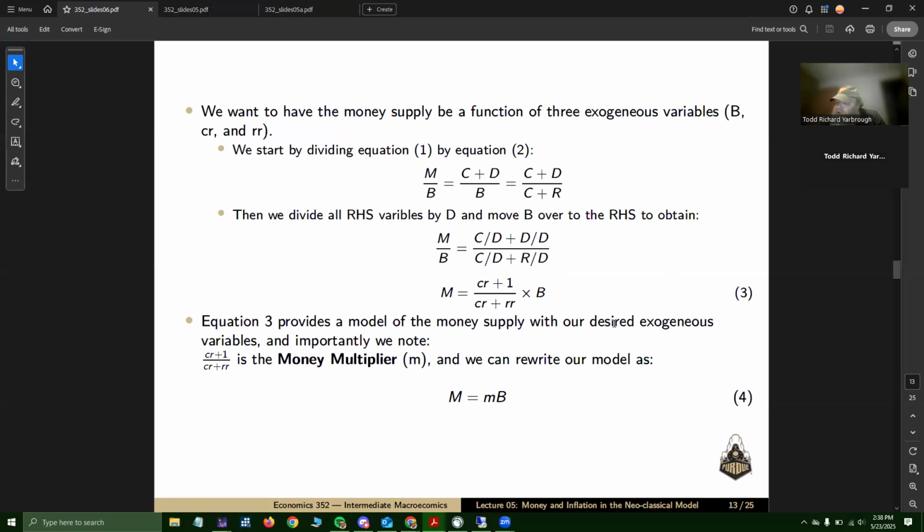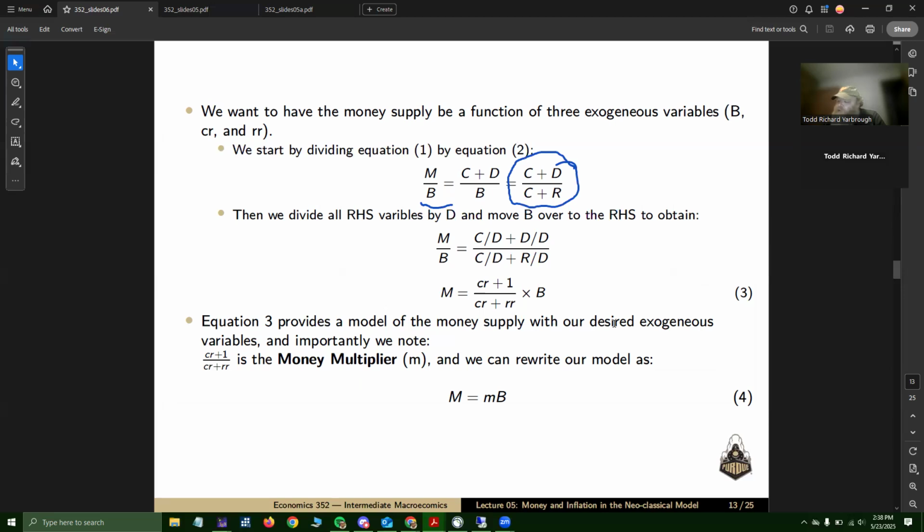So M divided by B: we take currency plus deposits, because M was equal to currency plus deposits, and divide that by B, remembering that B was equal to currency plus reserves. And so M divided by B is equal to (C plus D) over (C plus R).